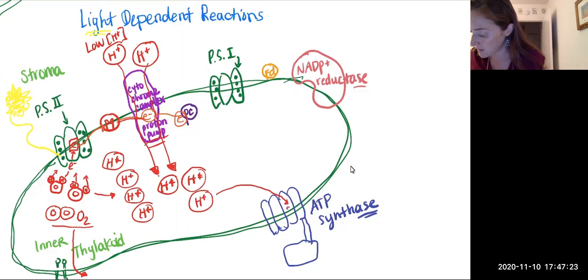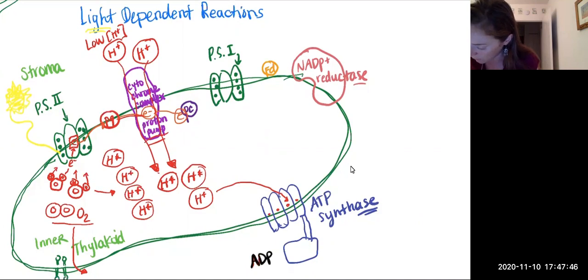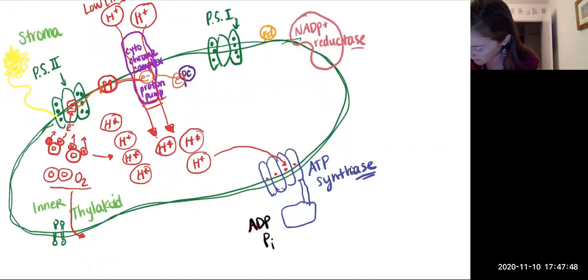So I'll show you videos later, but this is an amazing little mechanism, a rotor, that accepts the protons in, and as they fall down their concentration gradient through ATP synthase, this enzyme turns and it connects a free-floating ADP with a free-floating phosphate.